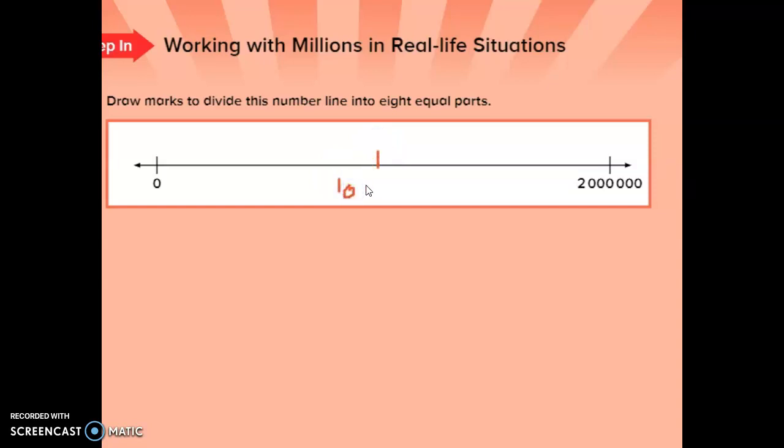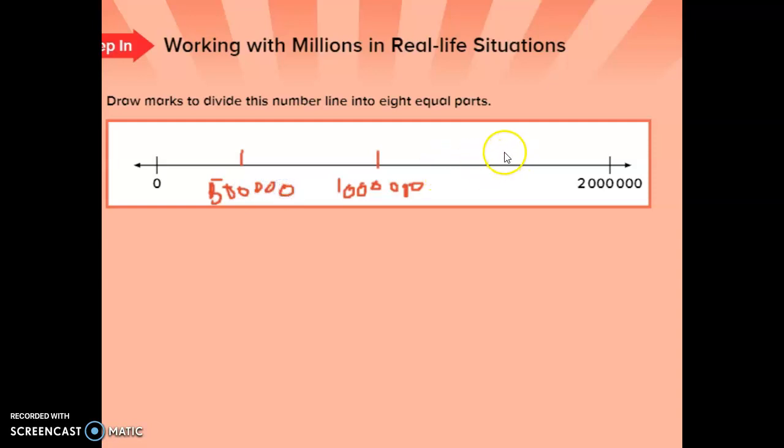Can you please write this into your book? So we've got 1 million. 1, 2, 3. So 1 million there. If I break that into half again, then I've got 500,000. Write yours in, please.